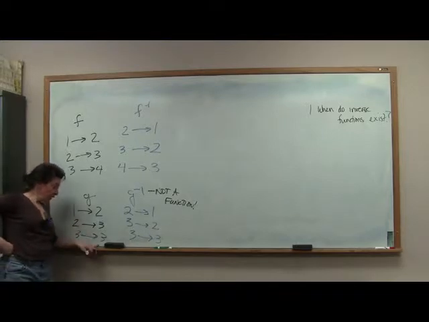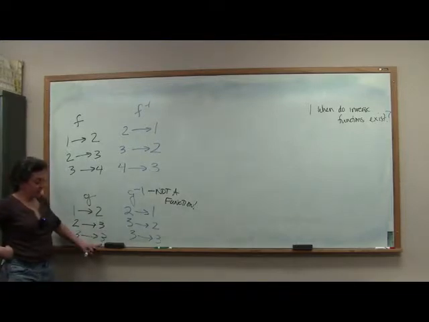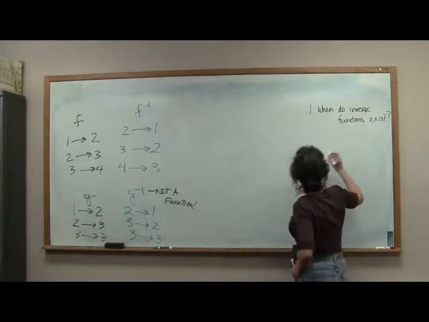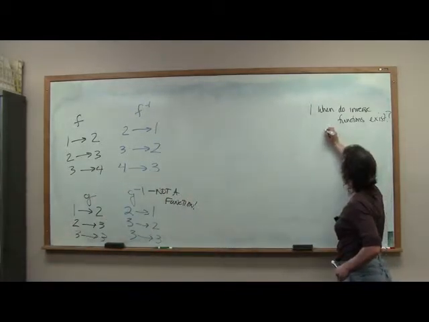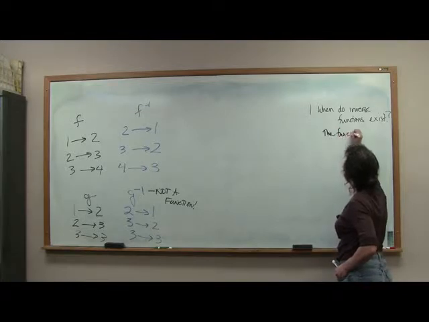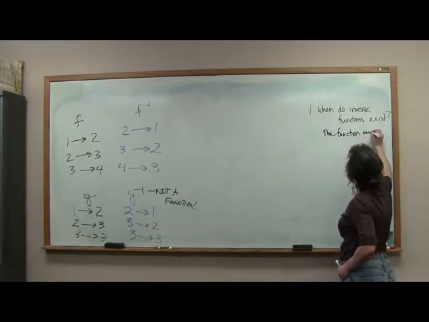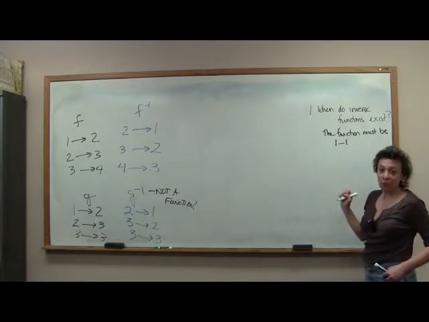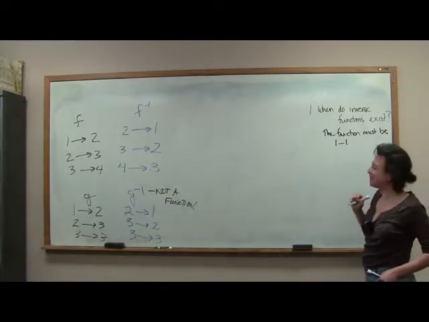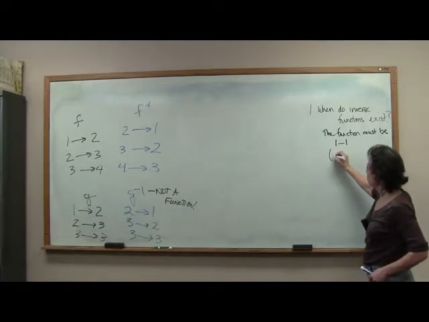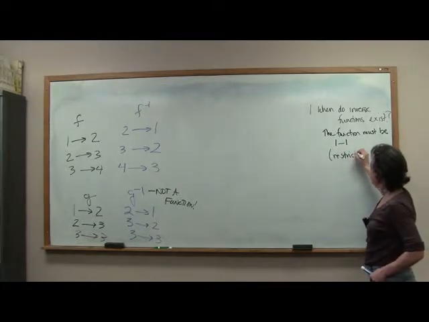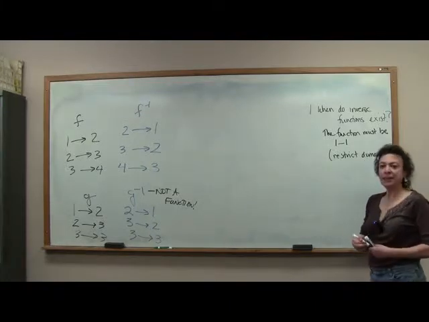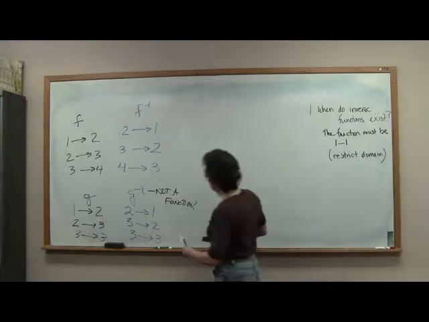Okay? So, what the difference is the following. Okay? In order for a function to have an inverse, the function must be what we call 1-to-1. And if it's not 1-to-1, and don't worry, I'll define that in a second. If it's not 1-to-1, don't worry, we can restrict our domain so that it is. Let me show you in a picture, okay?